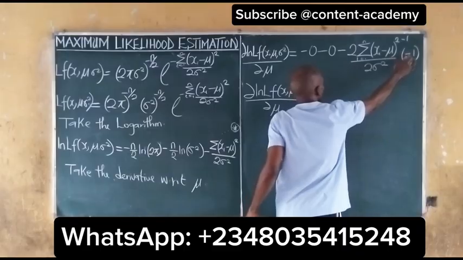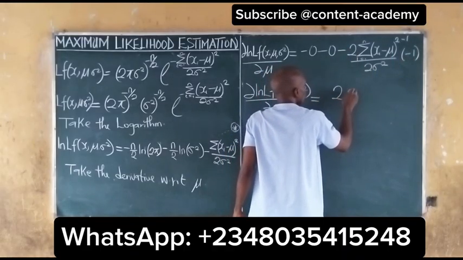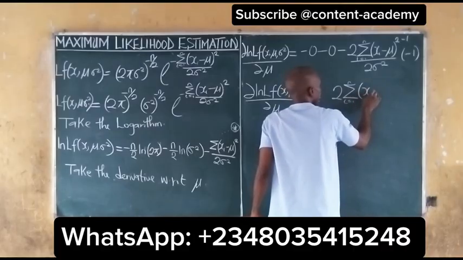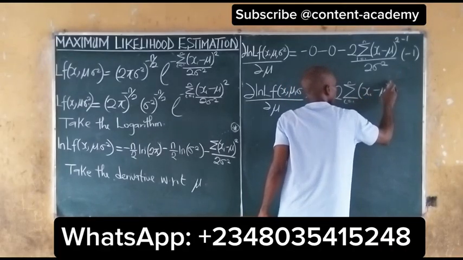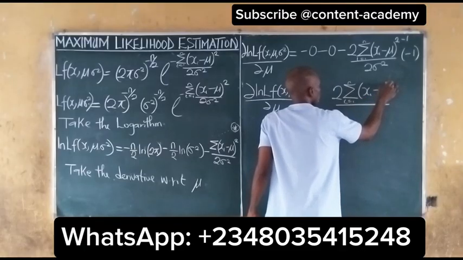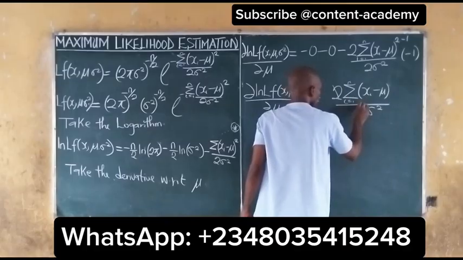Because of this negative 1, it will also affect this to give us 2 summation as i running from 1 to n, xi minus mean, 2 minus 1, all over 2 sigma squared. Of course, this can cancel this.